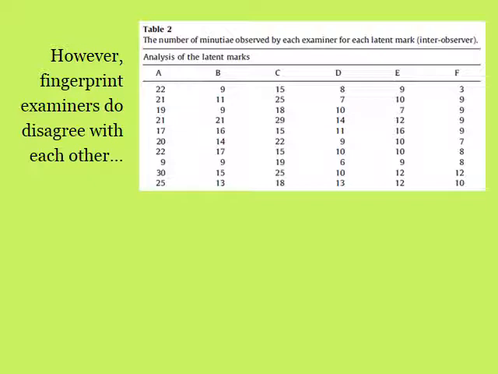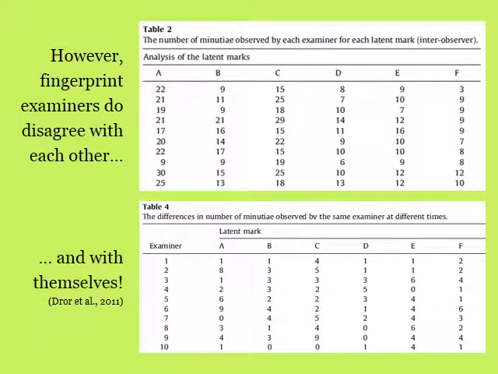What's even more alarming is in this same study, they had examiners, again without their knowledge, examine the same fingerprint on 2 different occasions. And what they found is that not only were perceptions of the same fingerprint different between different examiners, they were also different within the same examiner over time.